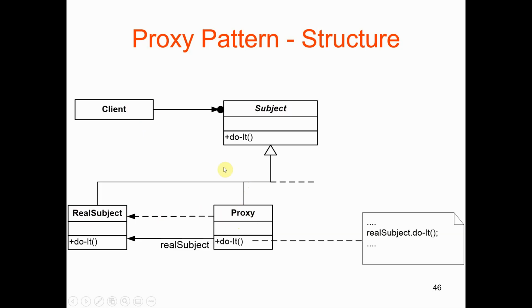The client interacts with the proxy first, and then the proxy will forward the request to the real subject when the proxy believes it is necessary. So the client will not interact with the real subject directly, but through the proxy.